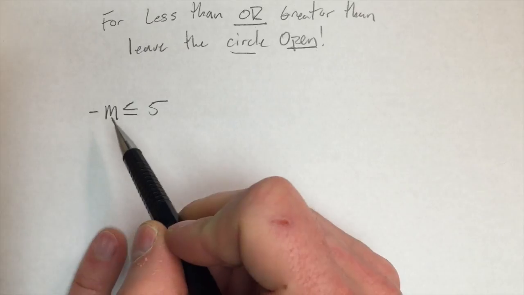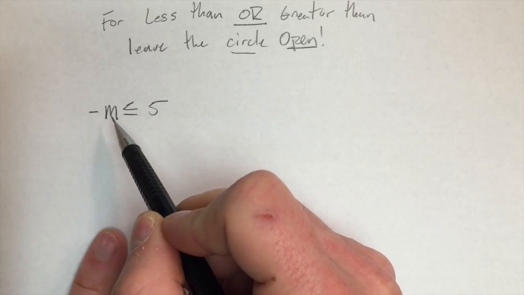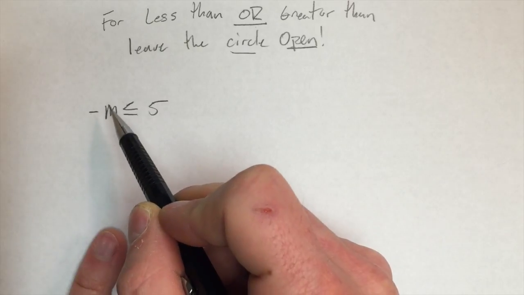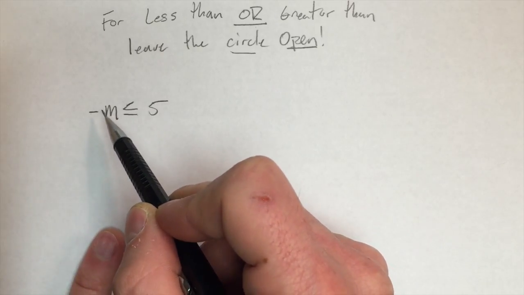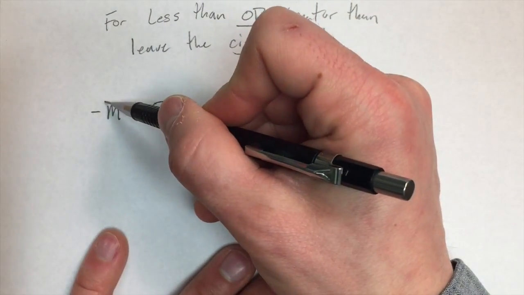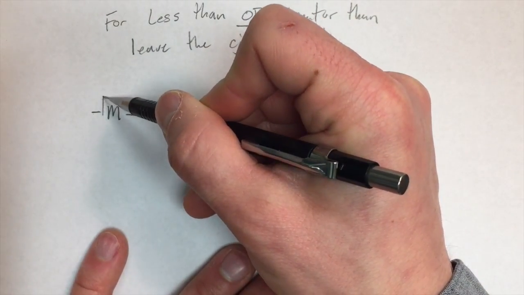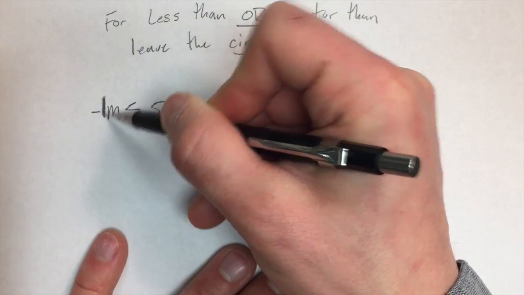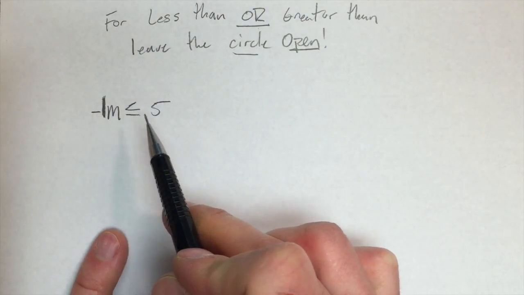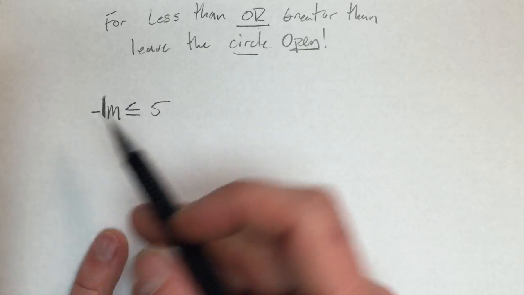One thing to remember is that when we have a negative m, any variable, any letter, that just has a negative in front of it, we can put a 1 there. So negative 1m, because there's only one of them. Negative 1m is less than or equal to 5.